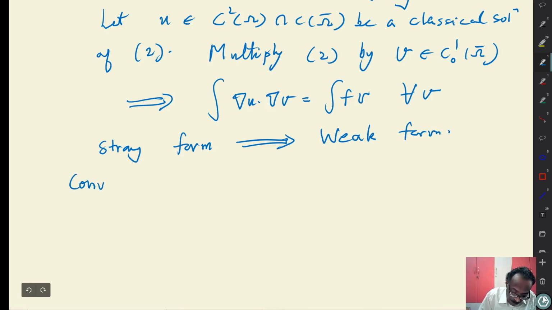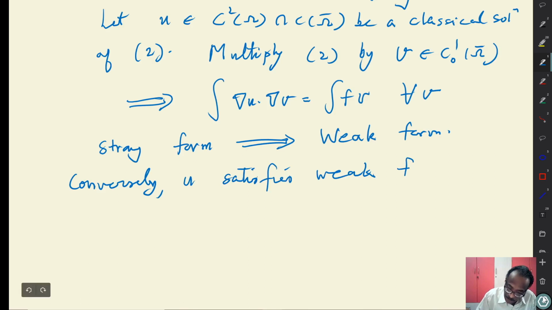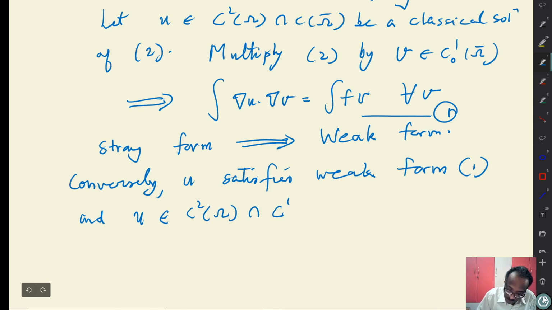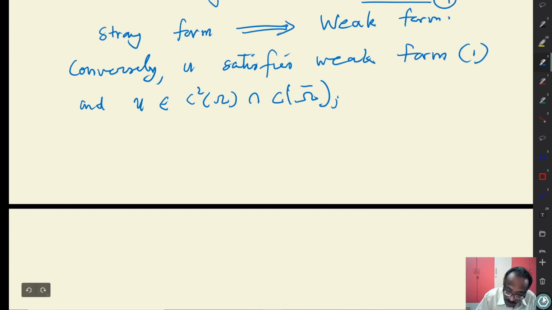You have to prove also the converse. Conversely, if u satisfies the weak form, which is the same as 1, and suppose u is smooth, u is in C^2 of omega intersection C^1 of omega bar, you have to prove that u satisfies the strong form, that is, satisfies 2.